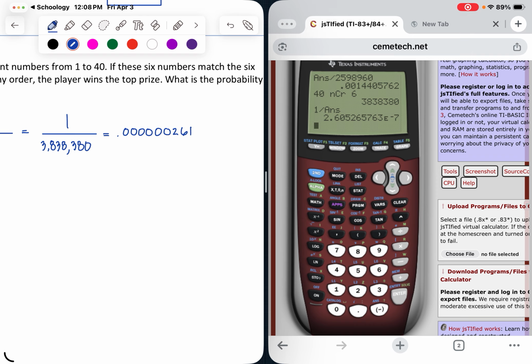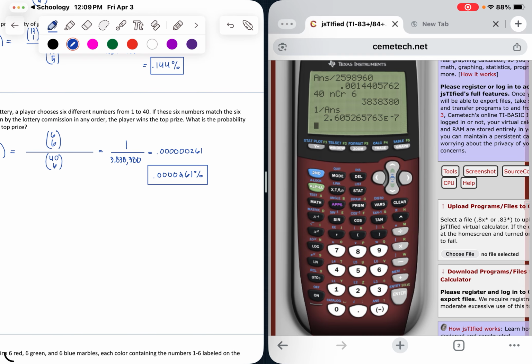All right, now we can turn this into a percentage by moving the decimal over 2 places. And we have 0.00000261, that is, 0.0000261%. So that is the probability of winning this lottery. The probability of winning Powerball or Mega Millions is actually even smaller than that.